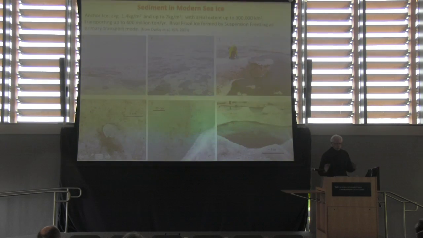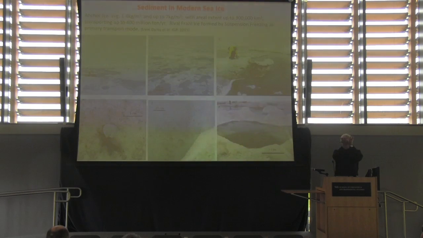But the other way in which sediment gets into ice is what's called suspension freezing. And this is in open water. It requires open water, and you have to have wave activity and circulation patterns so that supercooled water gets close to the bottom, ice crystals can form, and the sediment gets stirred up, and the ice crystals actually float the sediment to the surface.